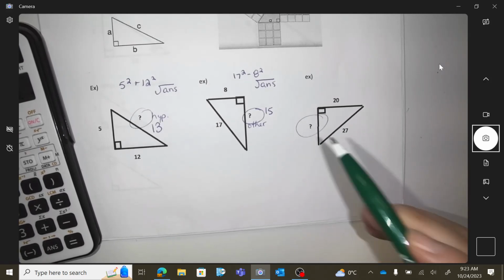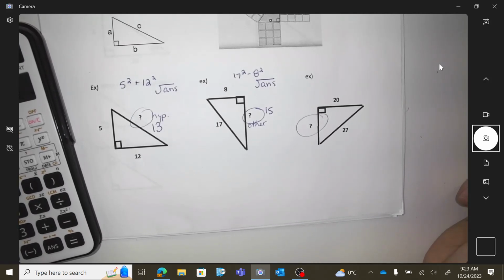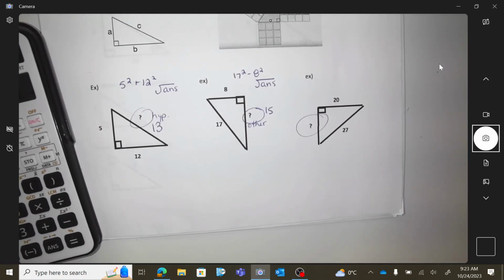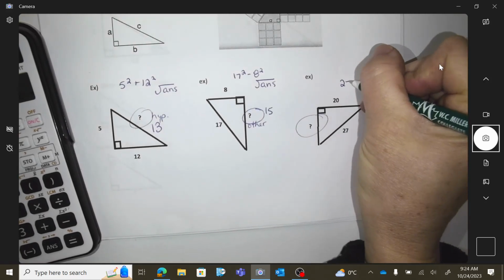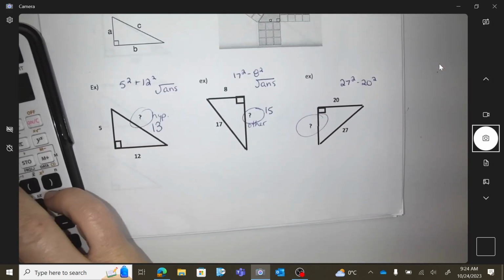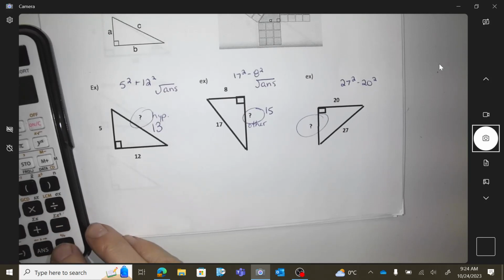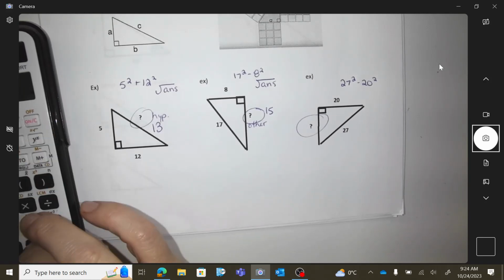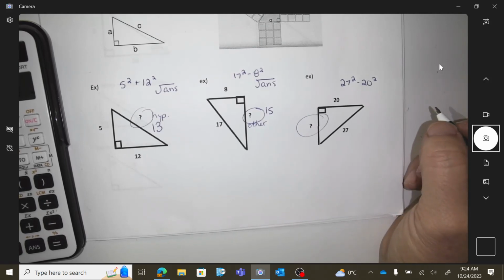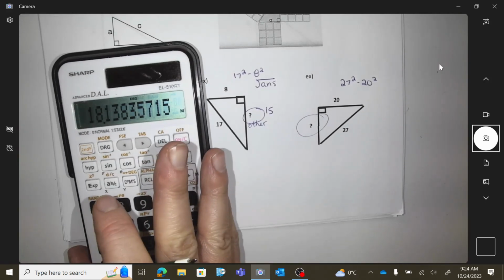Okay, question 3. You're going to tell me, should I do a Pythagorean add or a subtract? A subtract, because you are not finding the longest side. So this one comes into a decimal. Are you getting a decimal part?